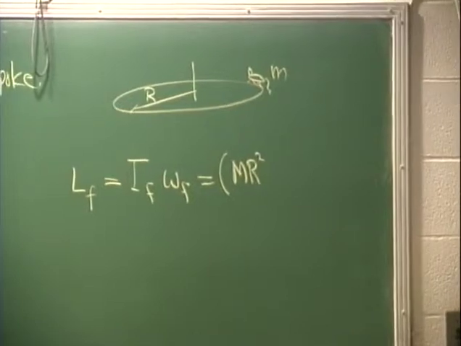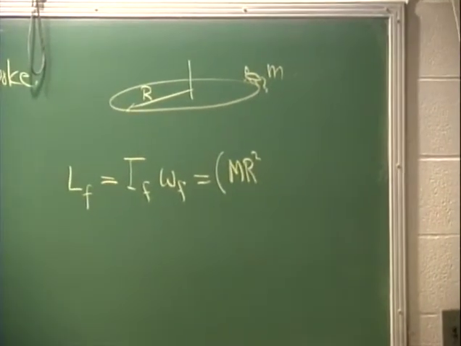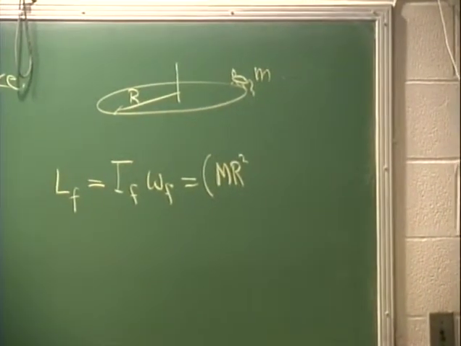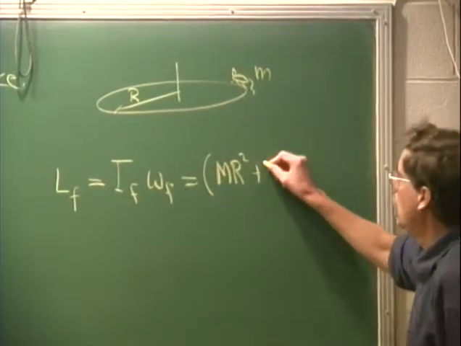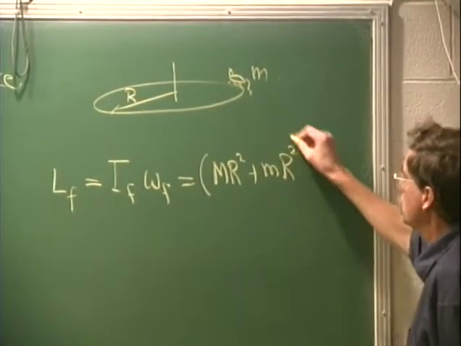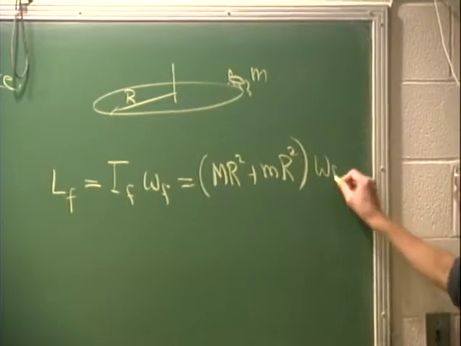What's the mouse's contribution to the moment of inertia? Just mr squared. So the mass of the mouse times r squared, that times omega final.